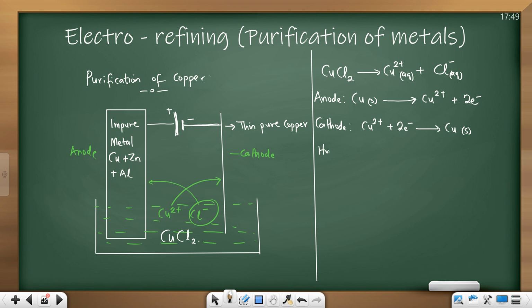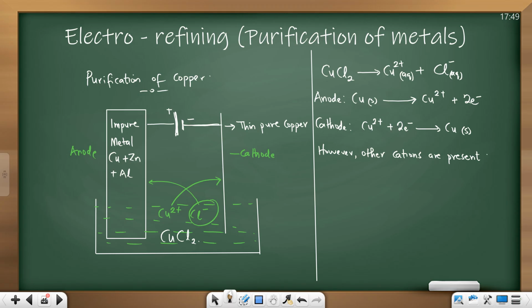However, other ions are present. Let's say other cations are present. When they give you this question, I just wrote zinc and aluminium, but when they give it to you, what's going to happen is this.